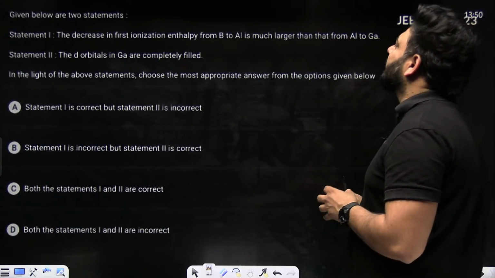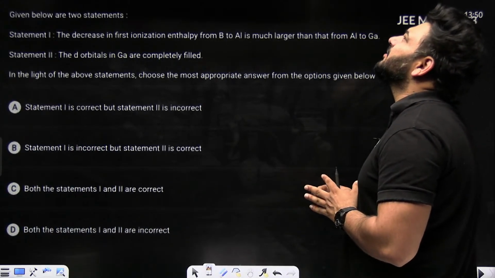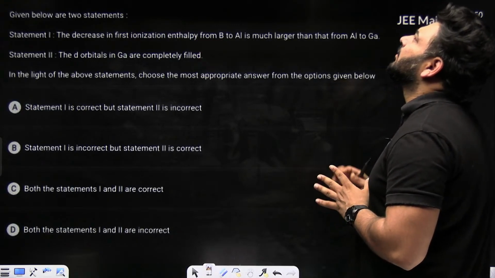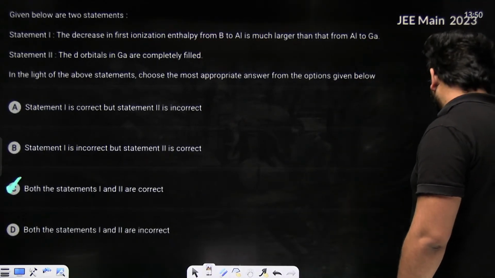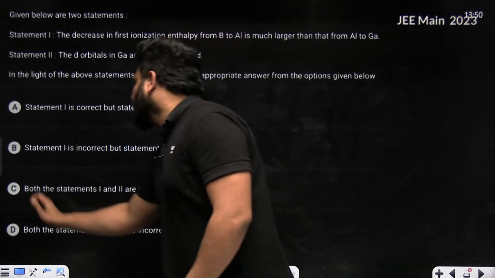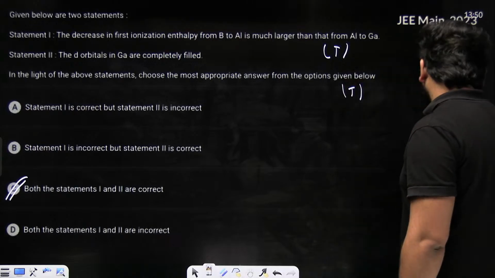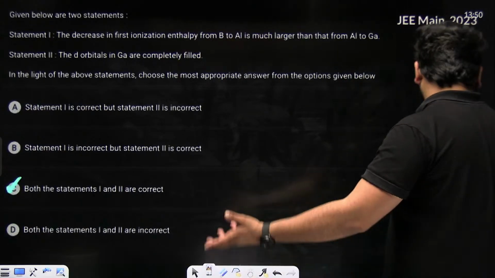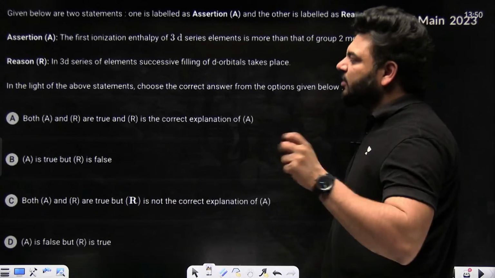In fact, I remember gallium has higher ionization enthalpy than aluminium. The correct answer: both of them are correct, but none of them is the correct explanation, because this is not an assertion reason question. It's just a statement based question.